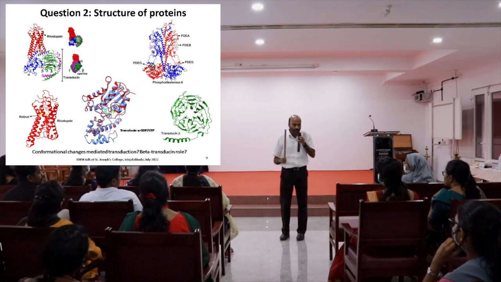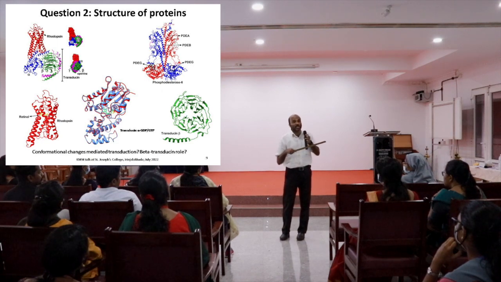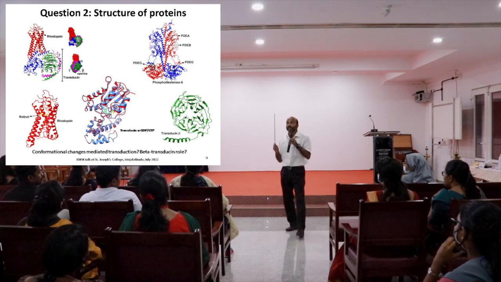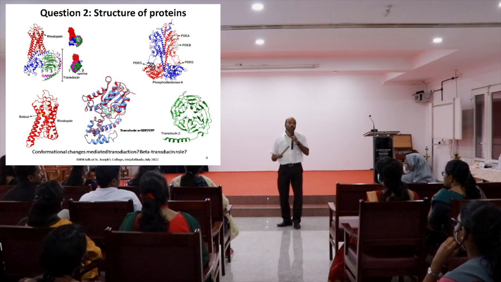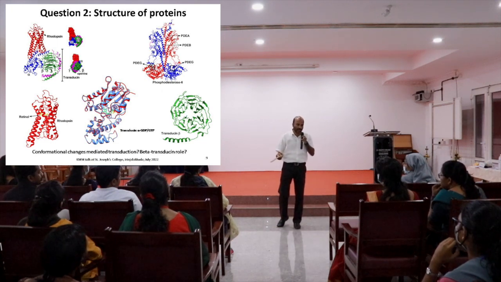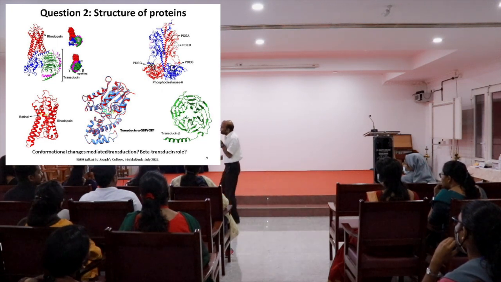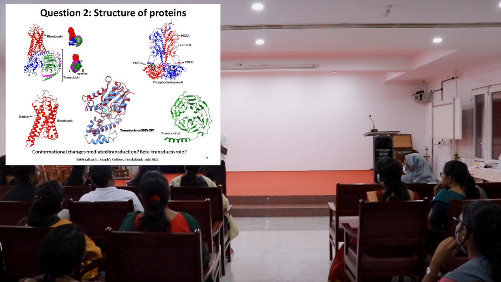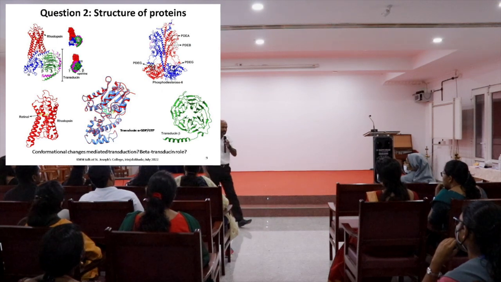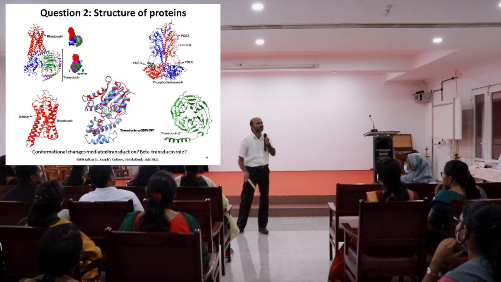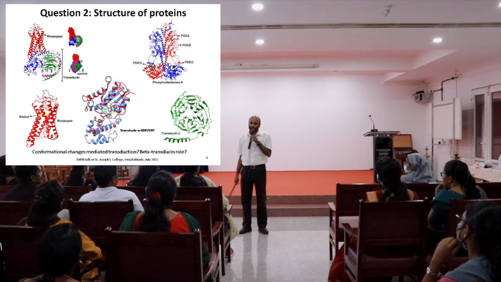In the classical mechanism, GDP is exchanged for GTP, activating transducin, and that leads to an electrochemical signal. Now, there is hardly any structural difference that is known. How can you explain the outcome? That's another problem. And then there is this beta transducin module which doesn't have any role whatsoever in their mechanism.